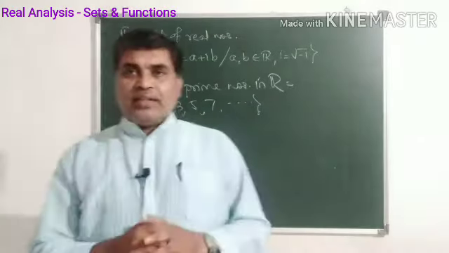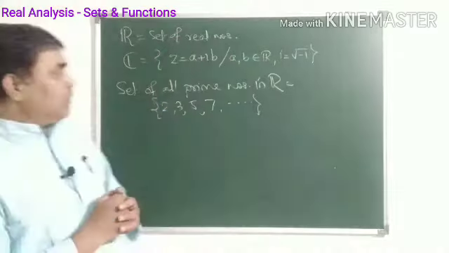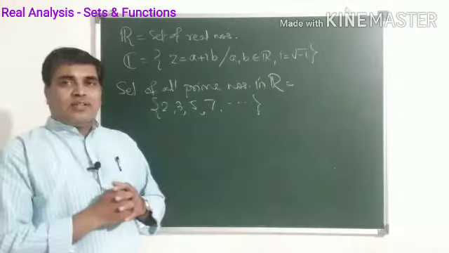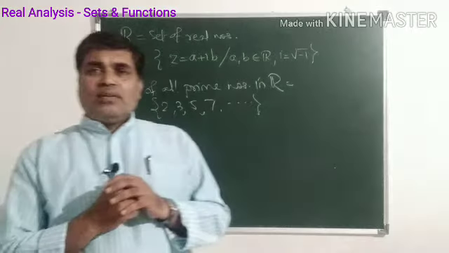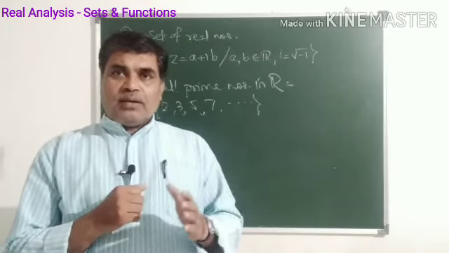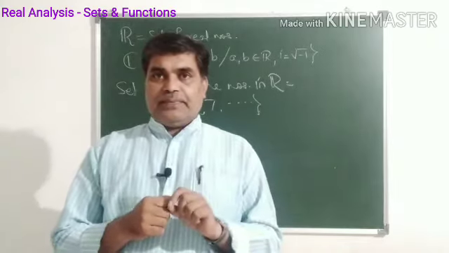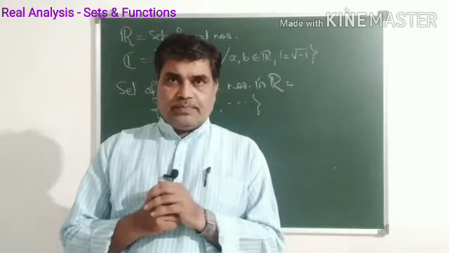Firstly you studied natural numbers, then you studied the concept of prime numbers and composite numbers. So at that time, what definition did you study for a prime number? A number which is only divisible by 1 and itself is called a prime number.